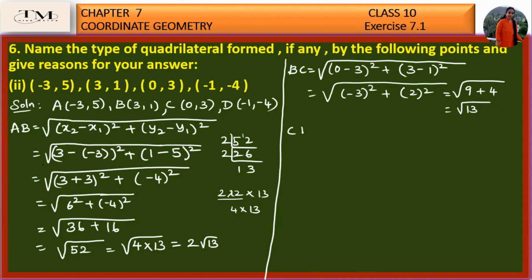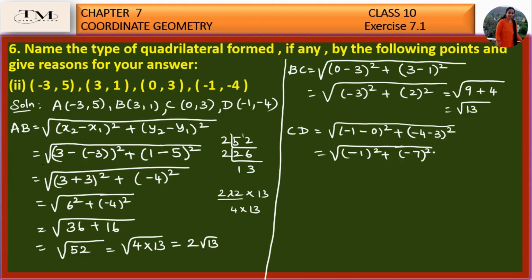So next is CD. CD is equal to the square root of (minus 1 minus 0) whole square plus (minus 4 minus 3) whole square, which is minus 1 whole square plus minus 7 whole square.